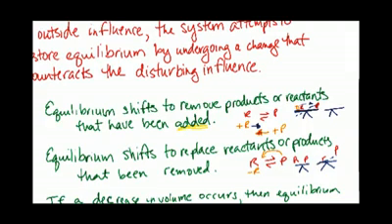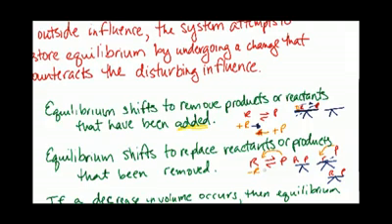So to shift the equilibrium, some of this product now has to go to the reactant to restore the balance. So it does that and restores the balance by giving it some of it that way.